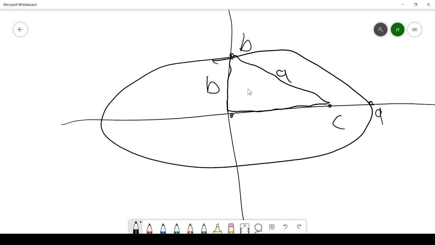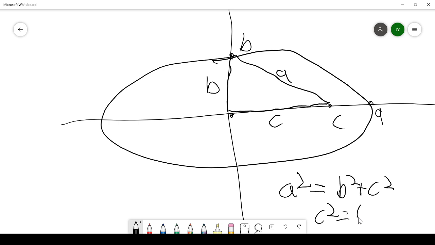This is B, this is A, and this value is C. So you can apply the Pythagorean theorem here. A squared equals B squared plus C squared, or C squared equals A squared minus B squared.